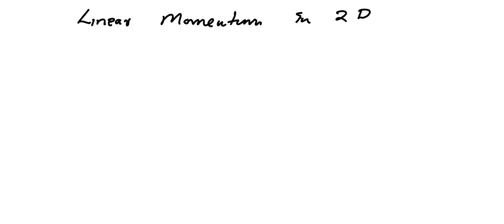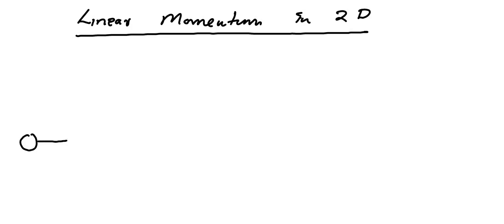So there is linear momentum. When we're dealing with linear momentum in 2 dimensions, we're just going to say there's what we call a glancing collision, where the first object is moving, coming like that.